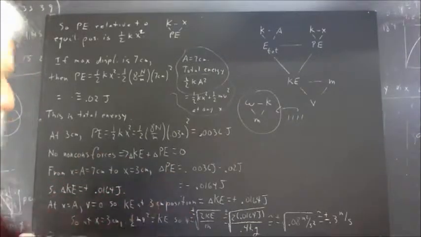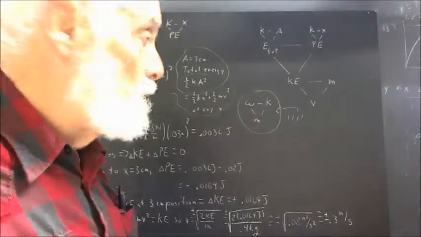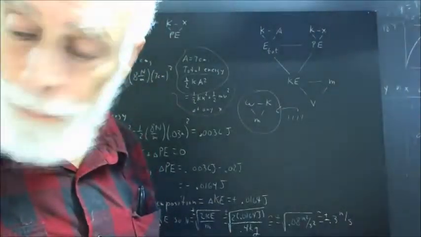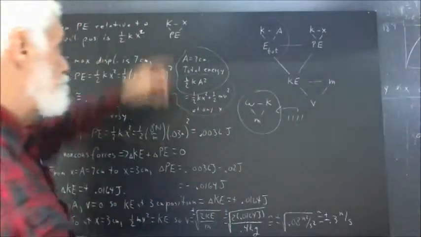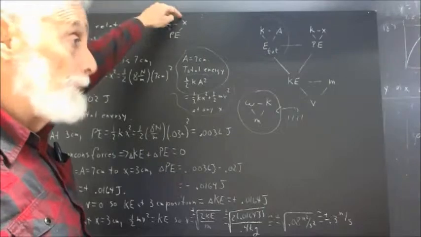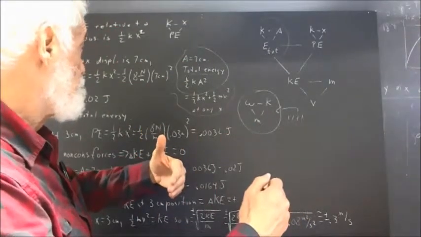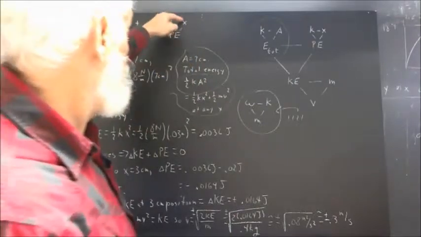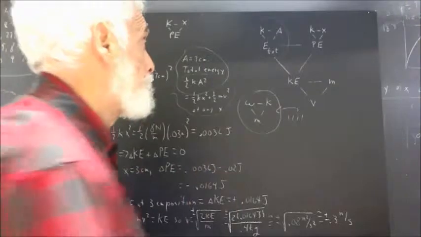So we've reasoned this out. We can diagram what we've done. We basically have the information we get from 2 triangles. One, 1/2 kA squared, the total energy. Now, that's very much like 1/2 kx squared in potential energy, but A is the maximum displacement, the displacement at which there's no kinetic energy. So if we use A instead of x, we get the total energy of the oscillator.